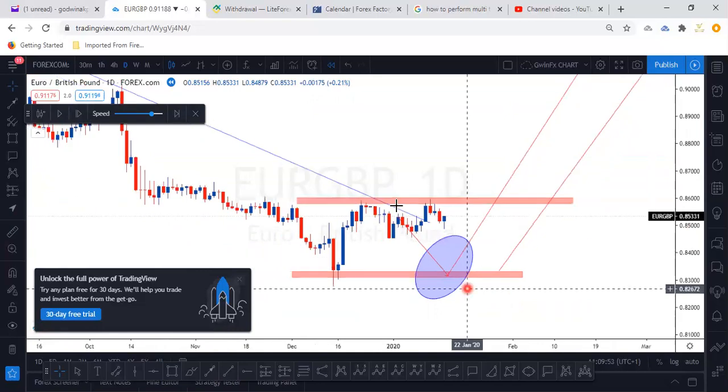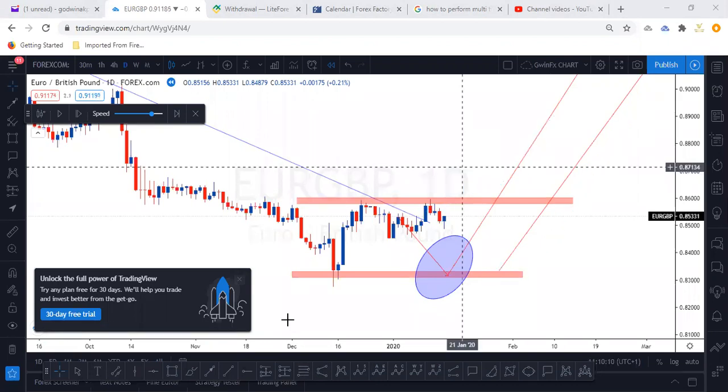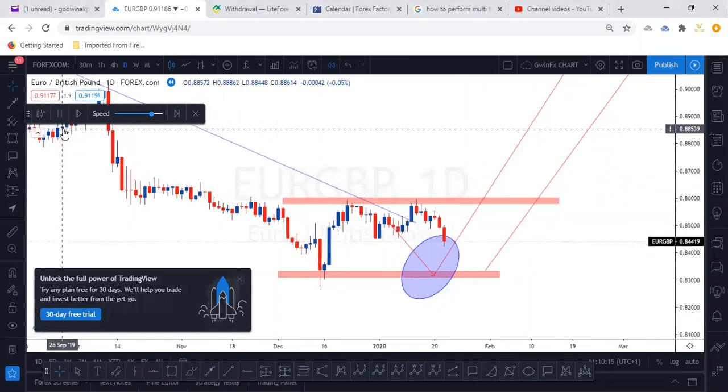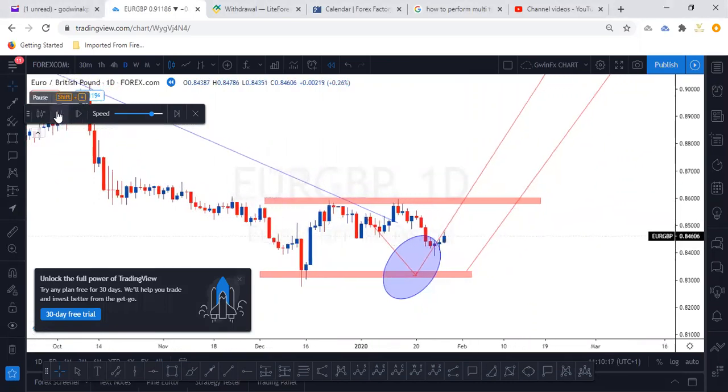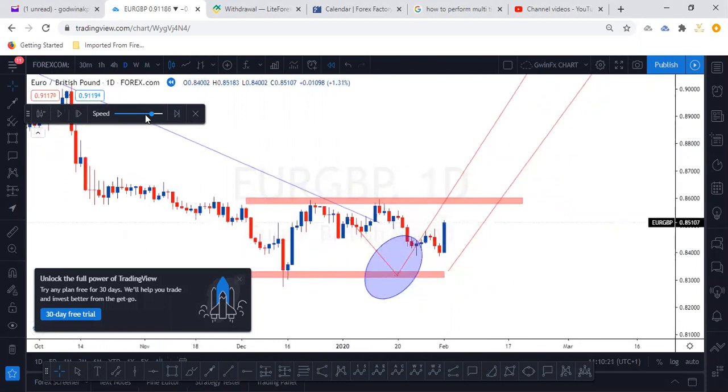I expect to see either price break out on the retest so I can continue to go, or price should come back down to find liquidity to go up. So what is going to be? Let's go straight. See, next bars came in, and you could see it moved very close to the entry point.